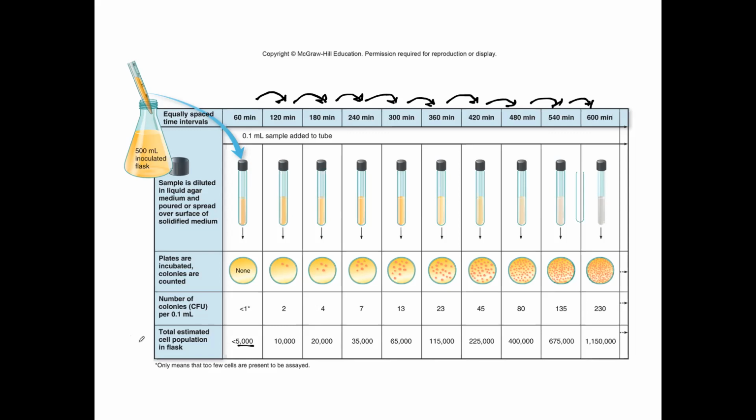So that's our estimate that's in the tube, and that's the number of colonies on the plate. You just count them and work backwards and use that same formula.